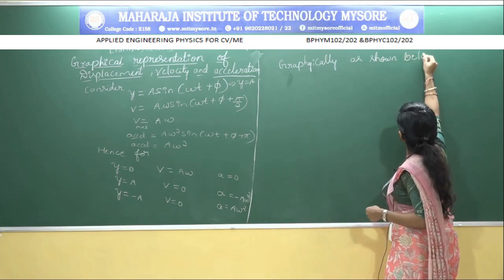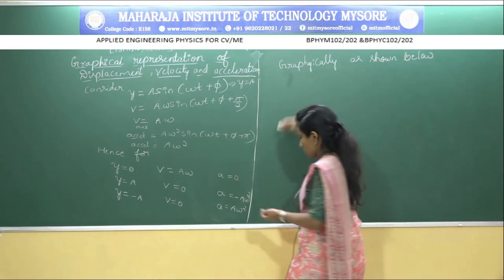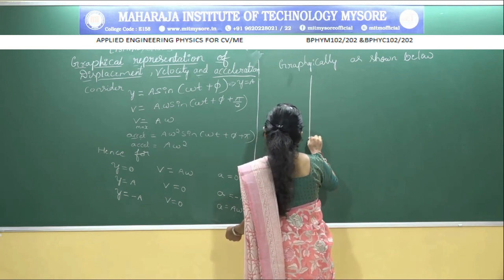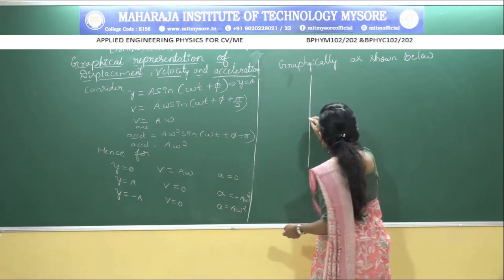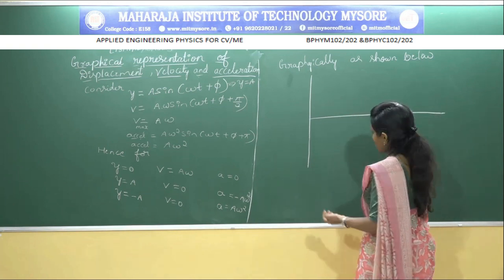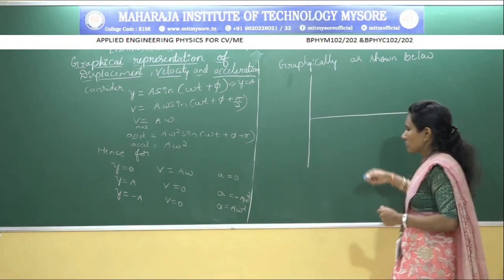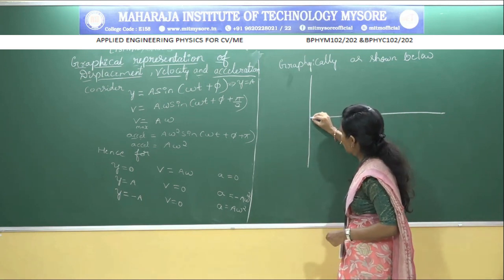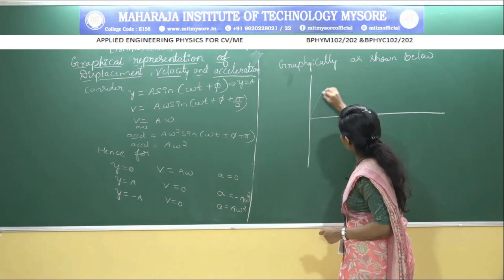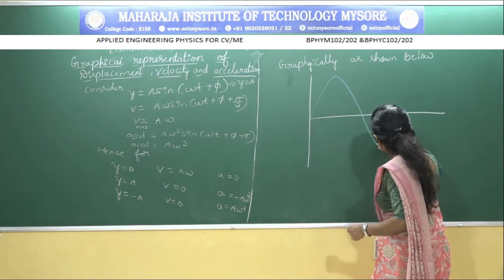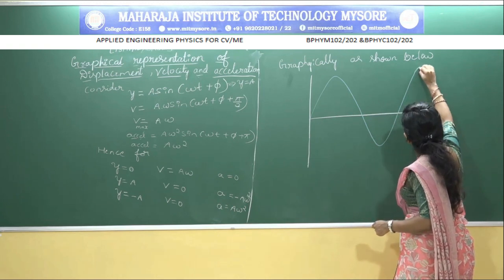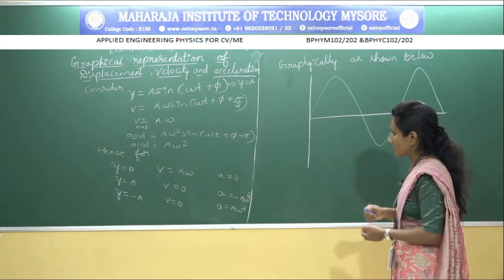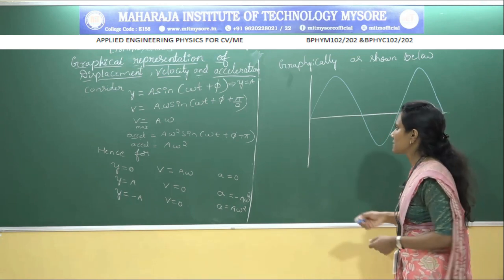As shown below, how we can represent it: the displacement equation will start from the origin when the particle is oscillating with respect to time t.